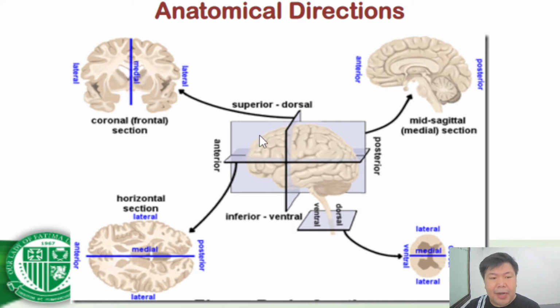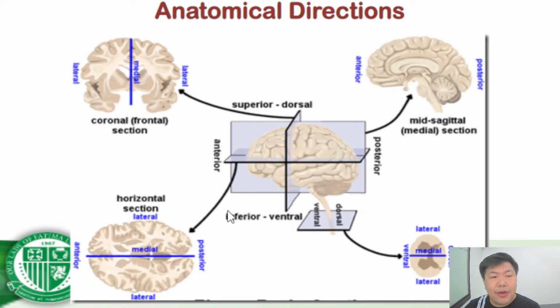The front part. Okay? The back part of the brain is described as posterior. So, pag nasa likod, we describe it as posterior. When we describe things that are on top, nasa taas, then we call it superior. Okay? Superior, which in other books they would call cranial, which means on the top side.